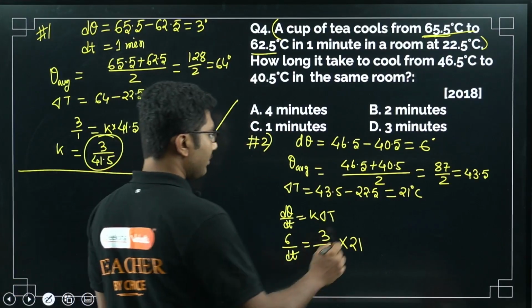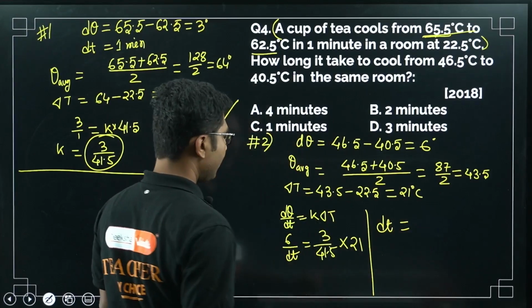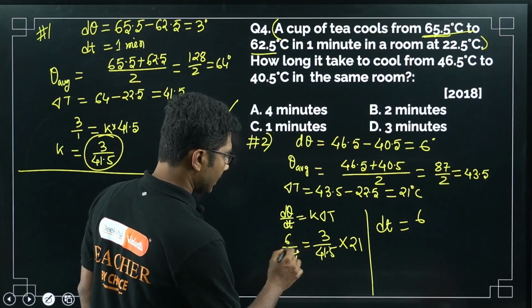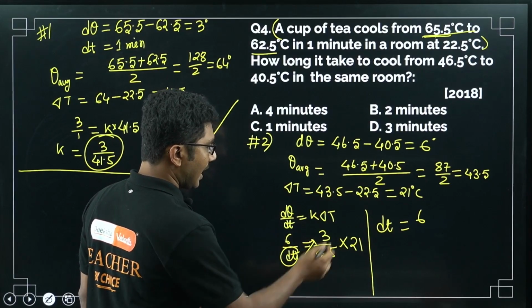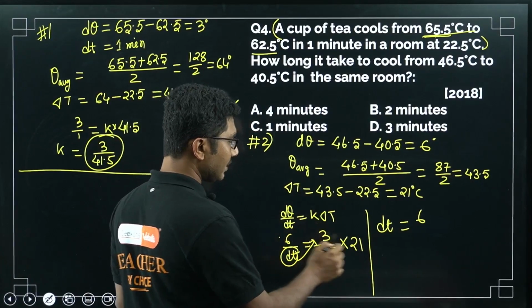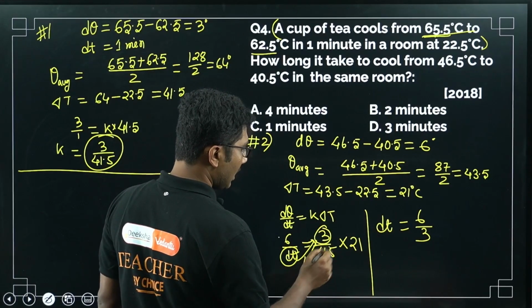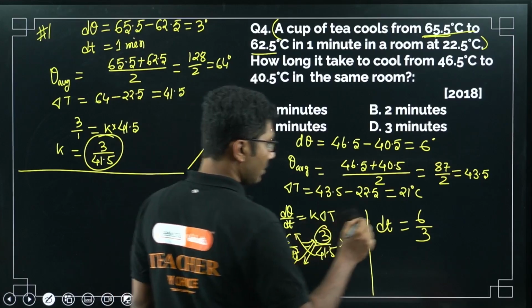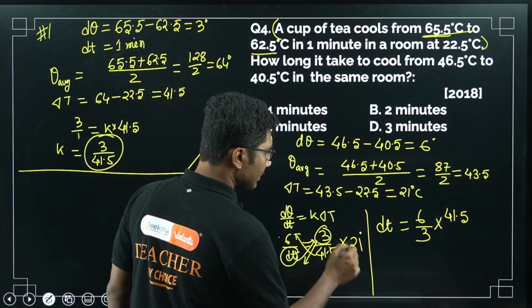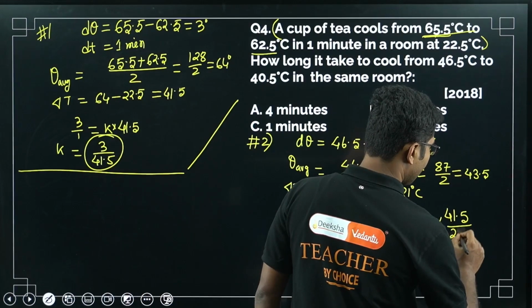So dt will be 6, let's do the cross multiplication. 6 is already there as a numerator, this 3 will come to the denominator, and 41.5 was in the denominator, so it will go up, divided by 21.